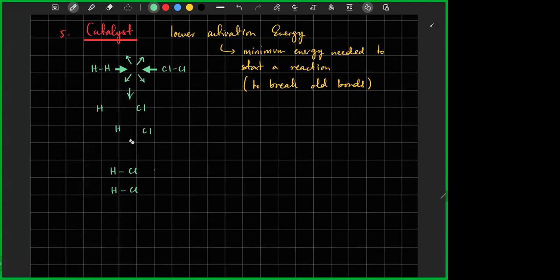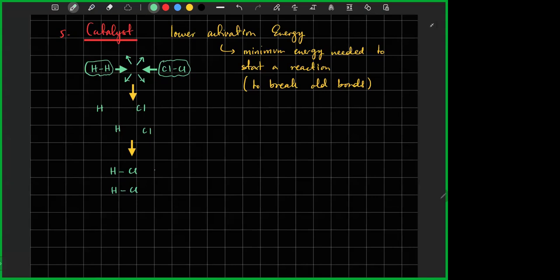So normally, you need some energy at the start of the reaction so that you could break old bonds. Because if those are not broken, let me take this as one single Cl2 molecule, you've got to break all bonds.